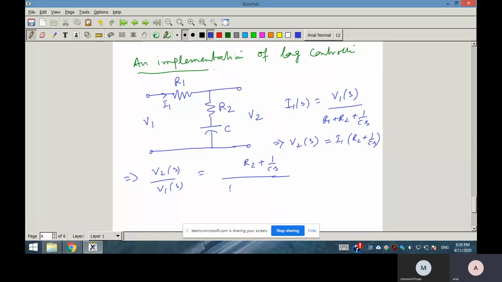So V2 by V1 will be R2 plus 1 by CS divided by R1 plus R2 plus 1 by CS.